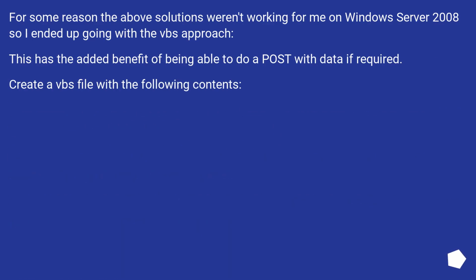For some reason the above solutions weren't working for me on Windows Server 2008, so I ended up going with the VBS approach. This has the added benefit of being able to do a post with data if required.